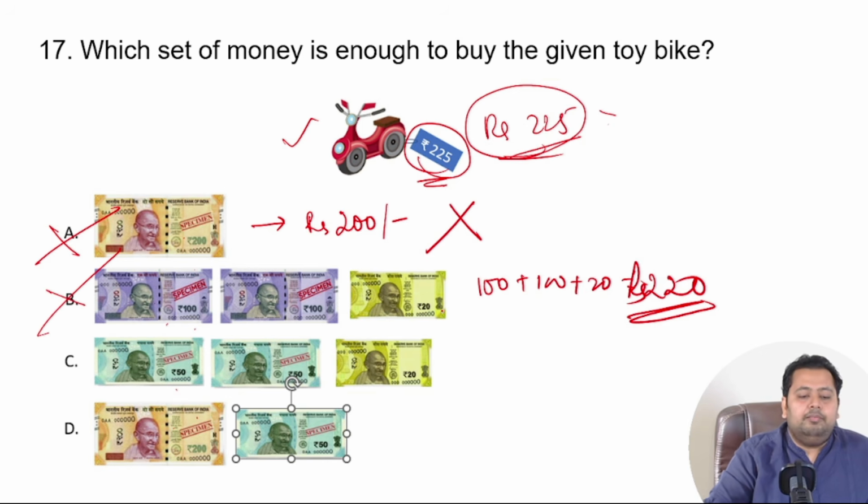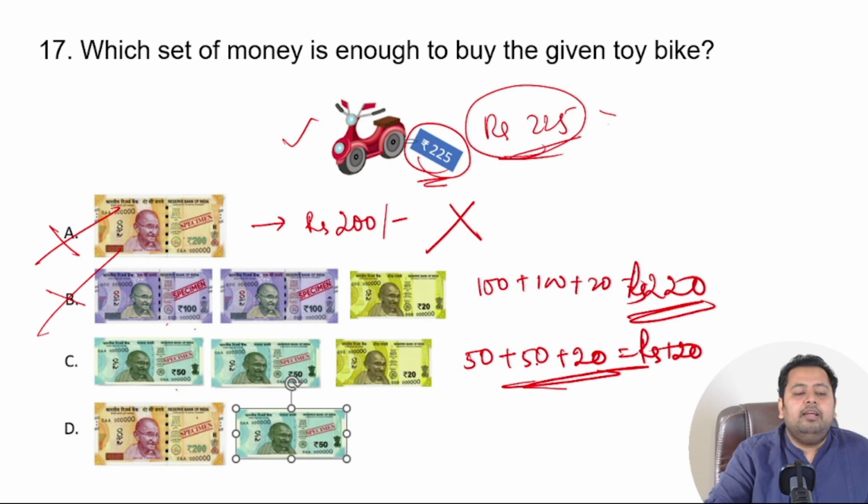Now come to option number C. There is rupees 50 plus rupees 20. If you add, this comes out to rupees 120. Will you be able to buy with this amount of money? Answer is no. So C cannot be an answer. But if you see option number D, there is rupees 200 and then there is rupees 50.